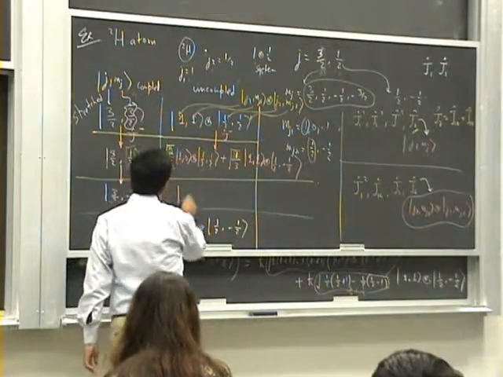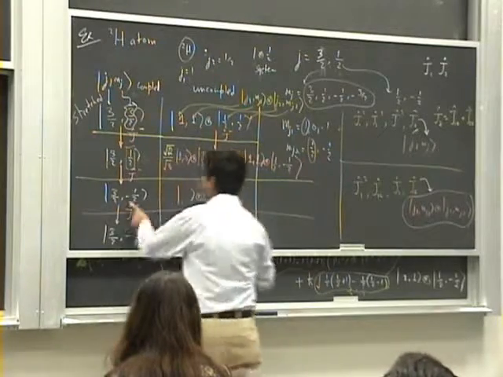So let's first choose the product states we choose. This is minus half.